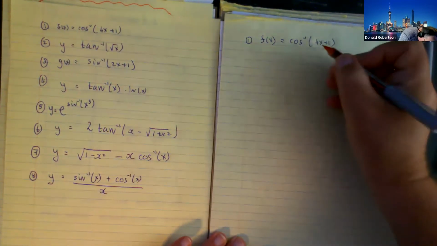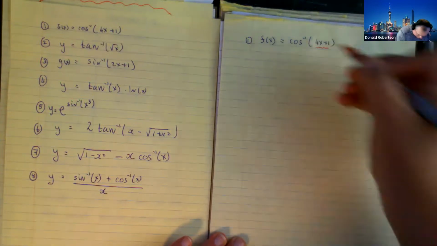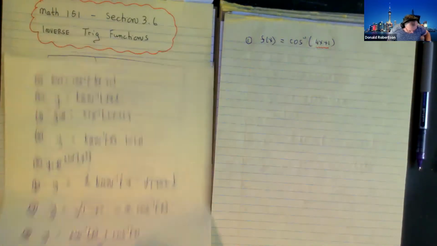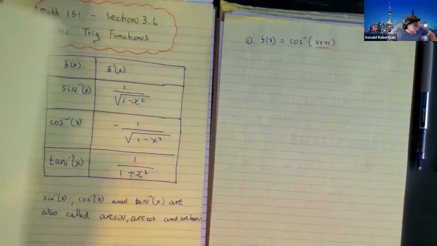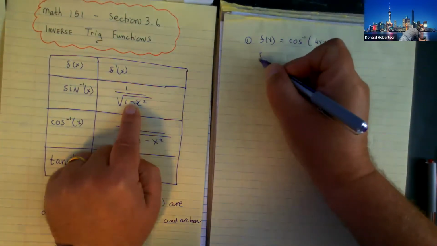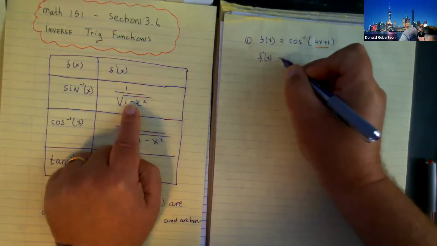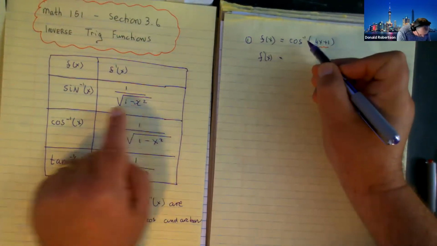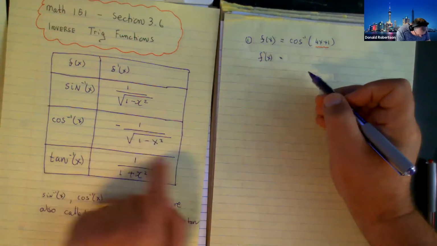And when you have a chain rule, you identify the inside function. So in this case, it's 4x plus 1. So the derivative: if you differentiate an inverse cosine, you get this thing.